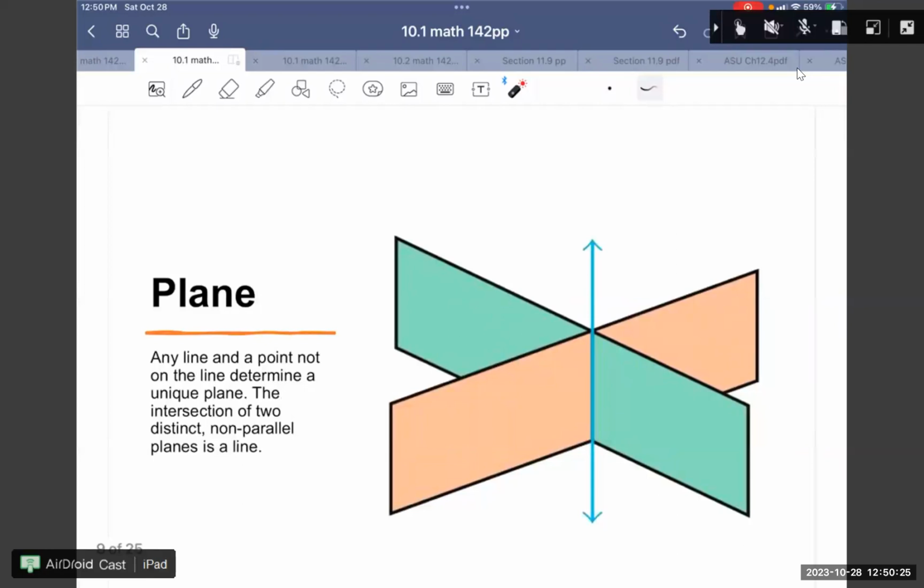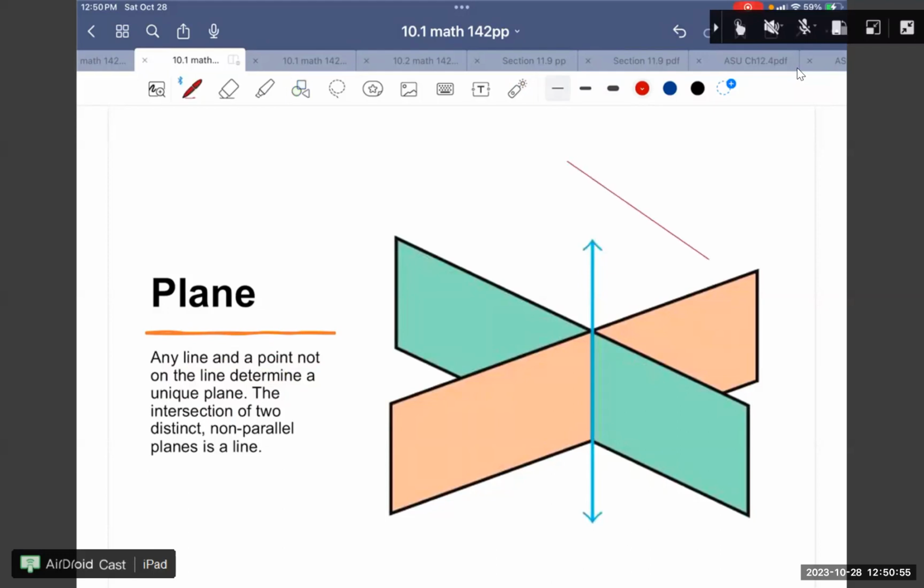A plane. Any line and a point not on the line determine a unique plane. The intersection of two distinct non-parallel lines determines a plane as well. Like for example, we have this line right here, and this is the plane.